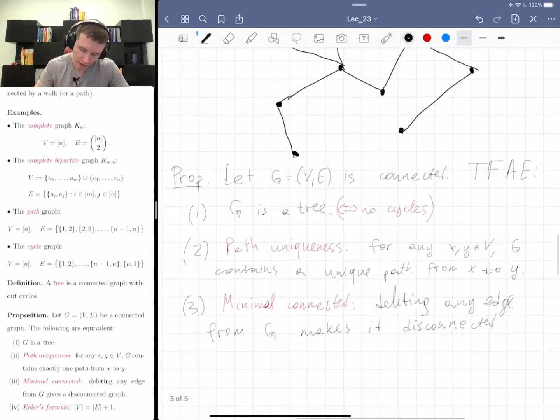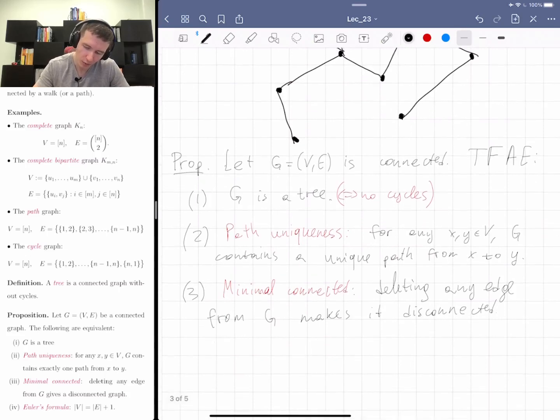And finally, there's one more, which, if you're into programming, is the easiest way to check that your graph is a tree. It's called Euler's formula, which is that the number of vertices should be equal to the number of edges plus 1.